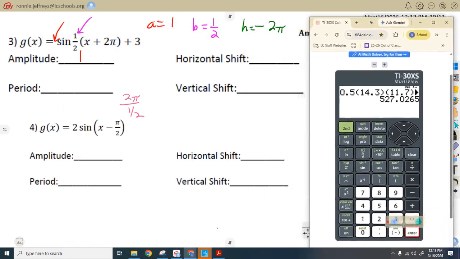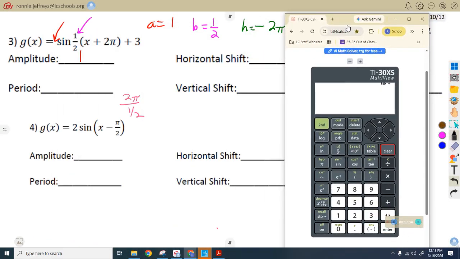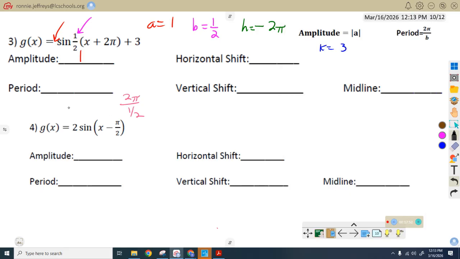It's 2 pi divided by 1/2. There you go. Yep, you could do that on every single one.